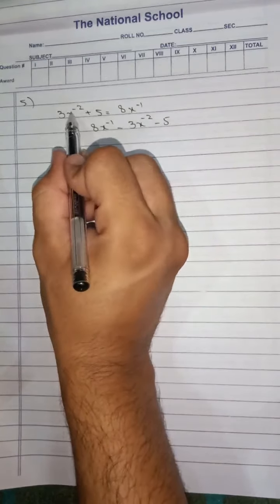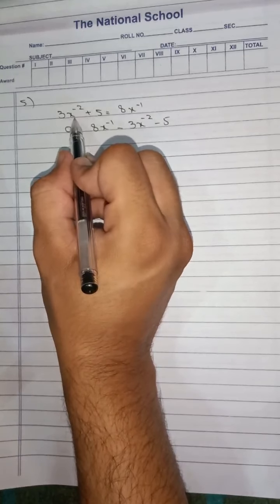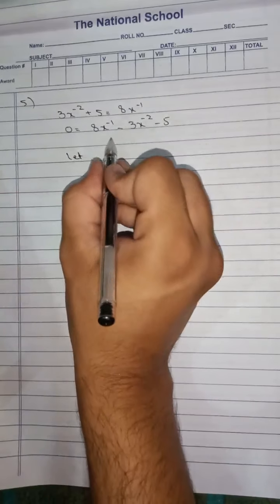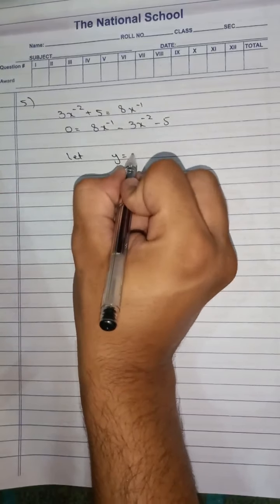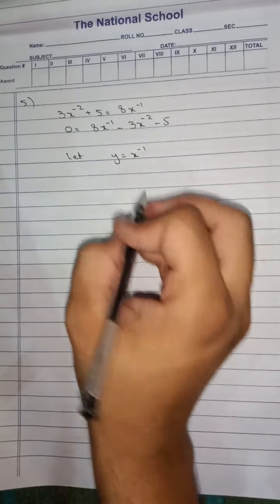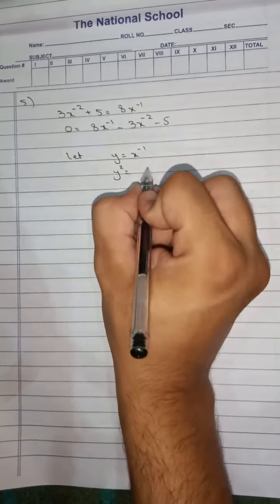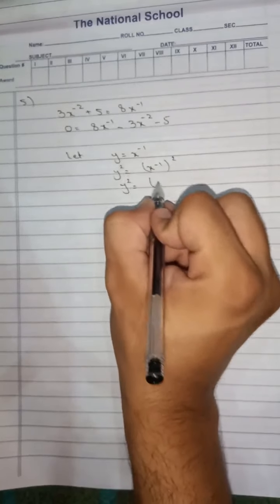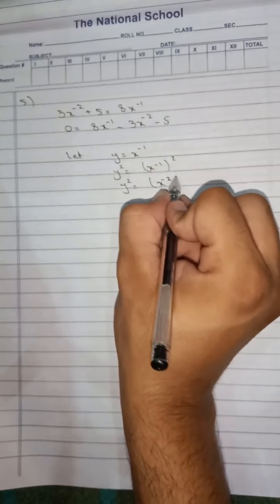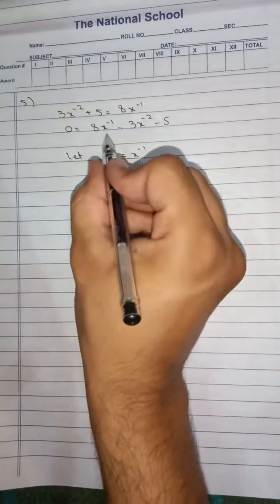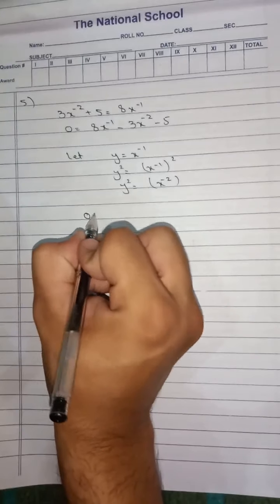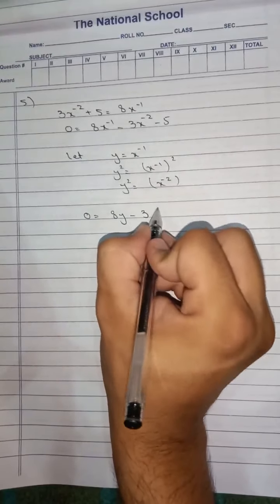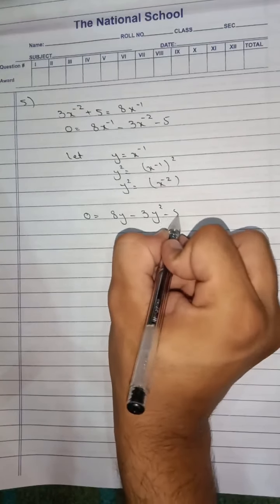As 3x power minus 2 is smallest and 8x power minus 1 is largest, so we'll let y equal x power minus 1, then y square will be x power minus 1 power 2, y square equal x power minus 2. Now putting the values, 0 equal 8y minus 3y square minus 5.